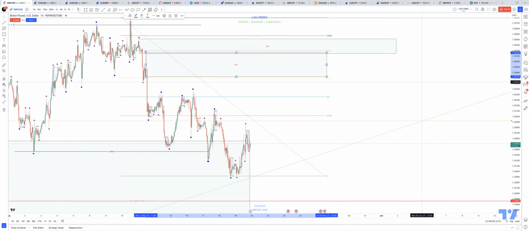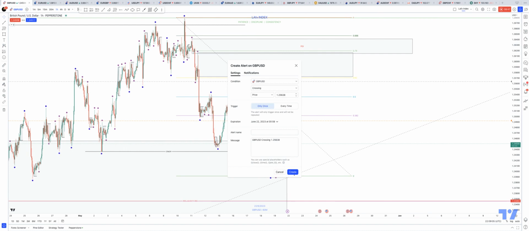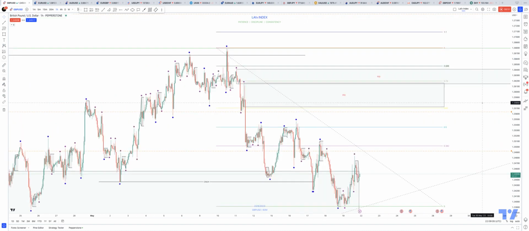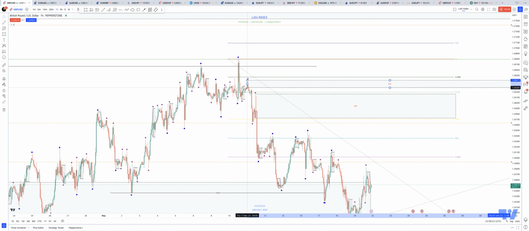So I'm gonna set my line here. Okay, so yeah, let's see what we have here. Just refining my zones. Yeah, perfect.